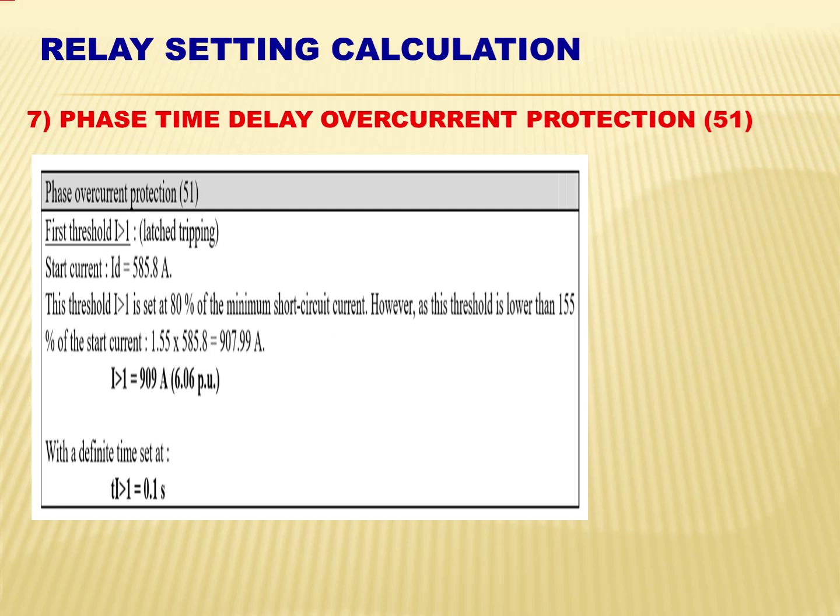Whichever is lower, then that will be our set value. In this case, by the way, this 585.8 ampere is because we are multiplying only by 5.8 times the line current of 101. So that's why we have here the 585.8 ampere. So our set value here is 909 ampere.